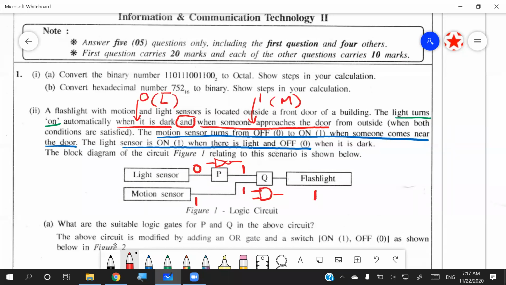If we take the flashlight as F, we can say F equals L bar dot M, right? So you need a NOT gate in front of the light sensor and the AND gate to do the AND operation.